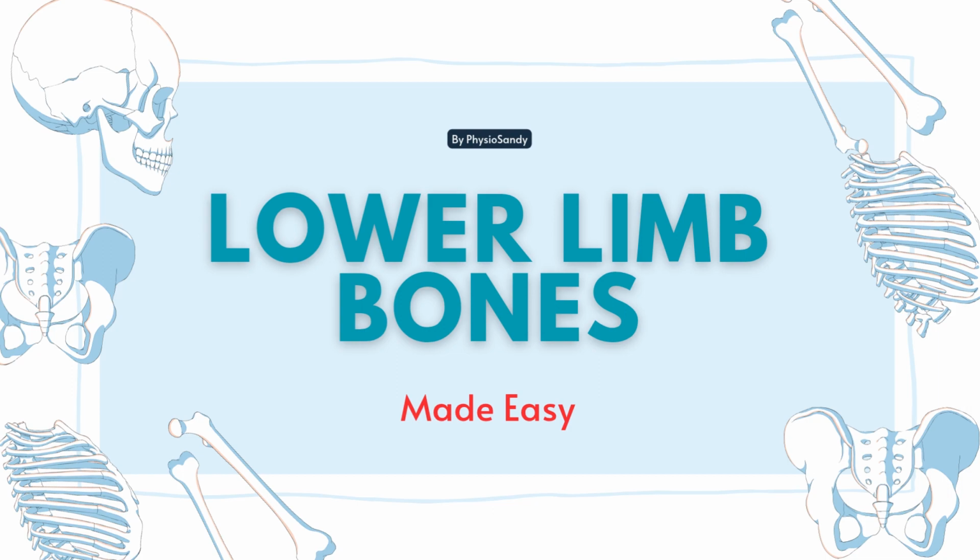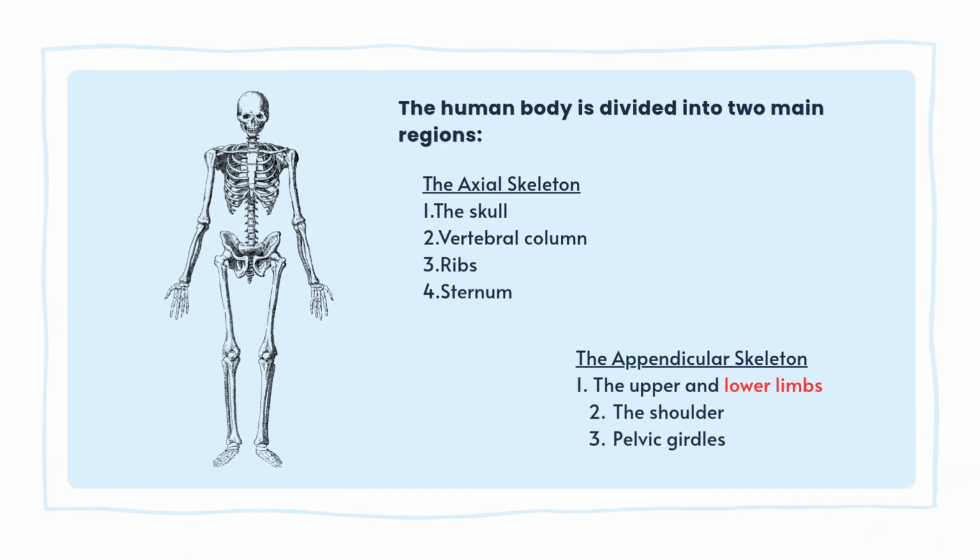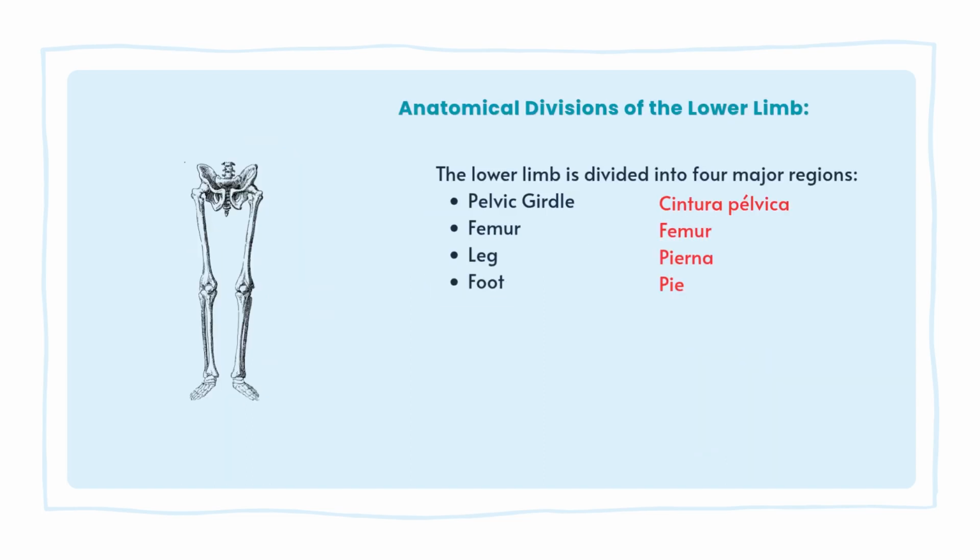Well, let's get started. Here we have the anatomical divisions of the human body. And as I mentioned before, today we are gonna focus on the bones of the lower limb. Well, we are gonna start with anatomical divisions of the lower limb.